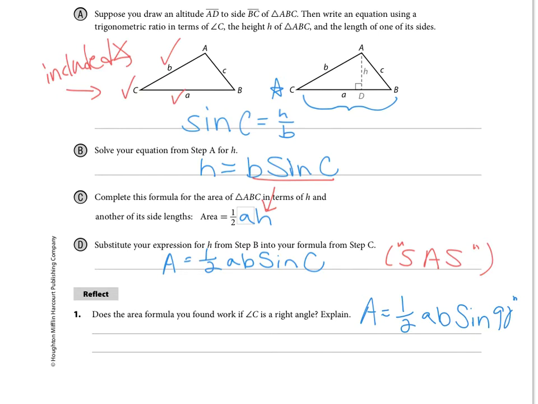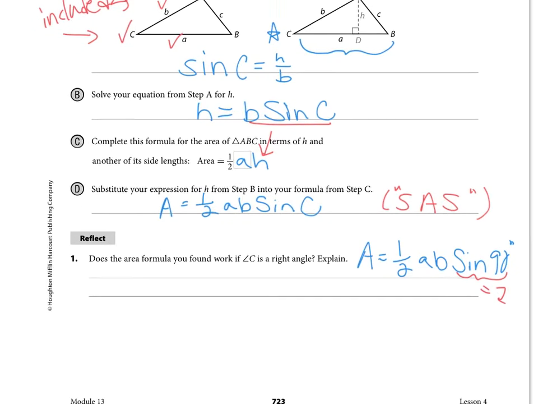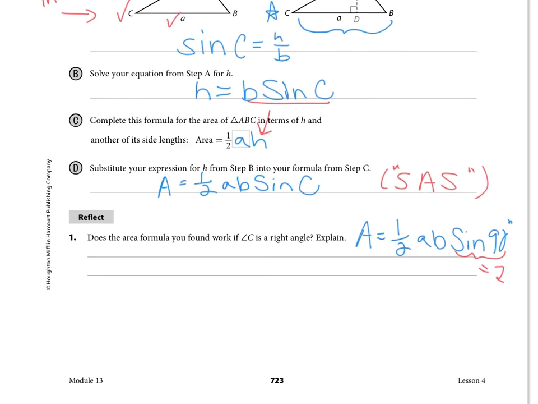So sine of 90 is just equal to 1. And so it would work if we had 1/2 a b sine 90, which is 1, because that would just be that the area equals 1/2 a b times 1, or 1/2 a b.